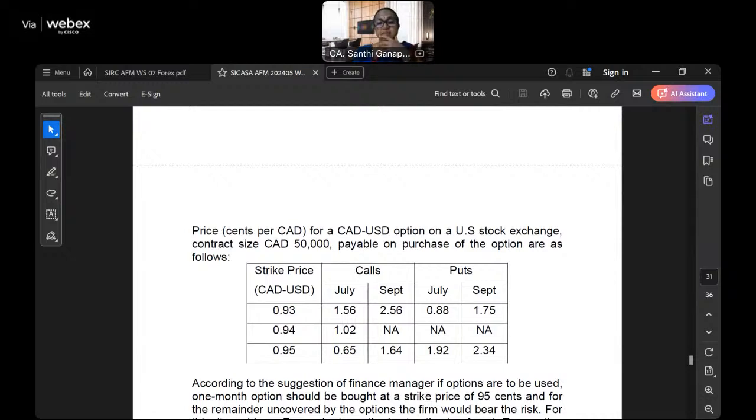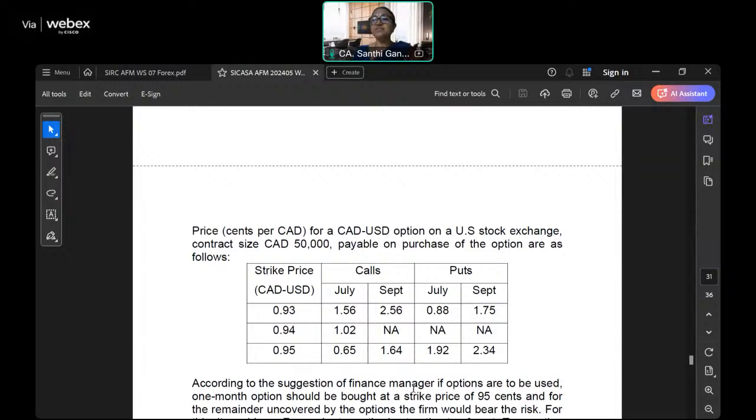Now, the problem says, according to the suggestion of the finance manager, if options are to be used, 1 month option should be bought at a strike price of 95. When we are working, we will work out all three. There is a reason why I am telling you, because I want to explain a particular point.